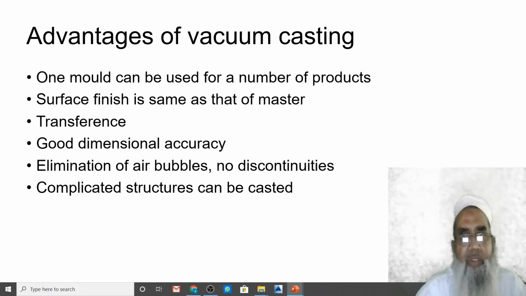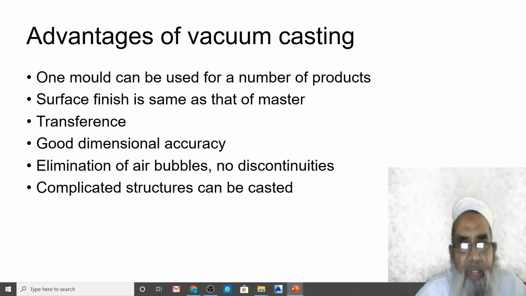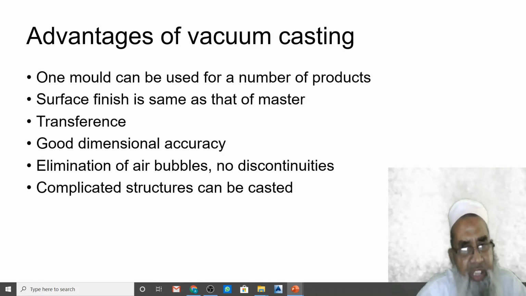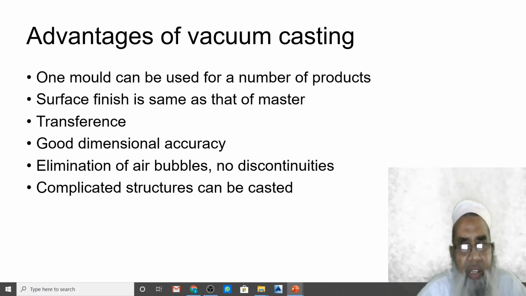Now, the advantage of vacuum casting is that one mold can be used for a number of products, and the surface finish is the same as that of the master. A good transparency is there. Dimensional accuracy is also very good. There is no moisture or any other lubricant in the mold.